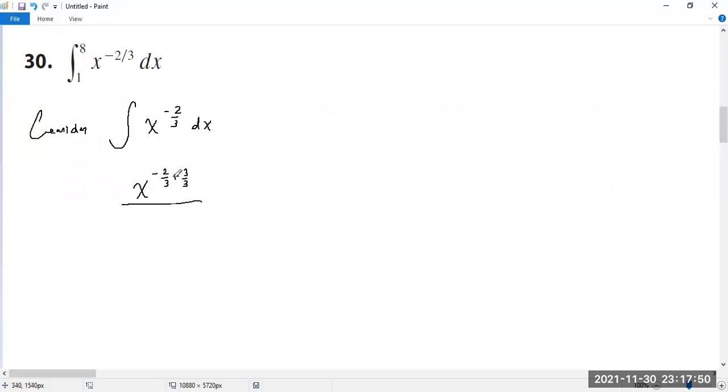So what this exponent actually is, it's 1/3, right? Because -2/3 plus 3/3, if you bridge that gap, is just 1/3. And so this is reduced to being x to the 1/3 over whatever that exponent is, which is 1/3.